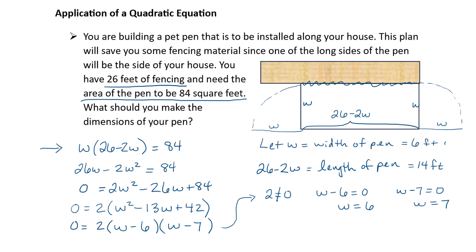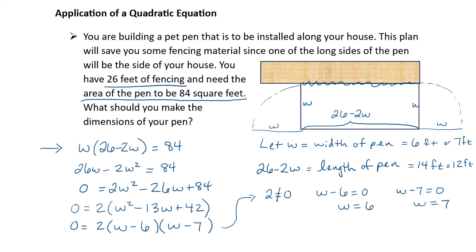Now, what if we had used 7 feet? If we use 7 feet, then this 26 minus 2w is going to be 26 minus 14, which is 12. So we'd have 12 feet.